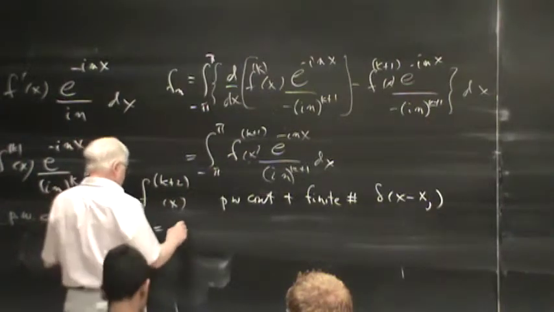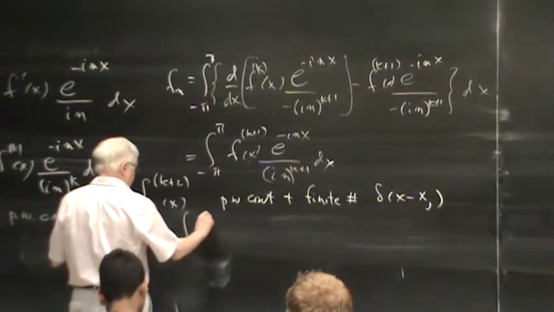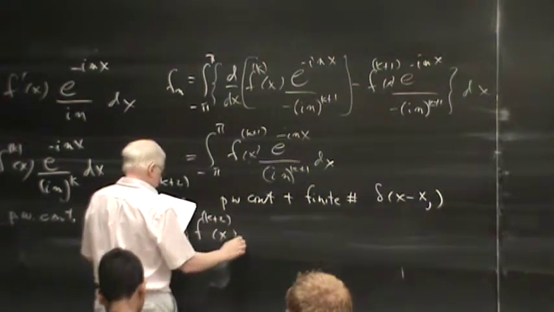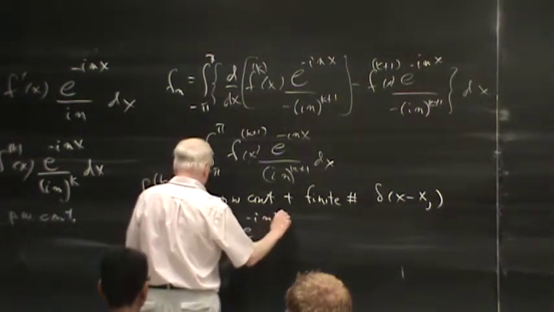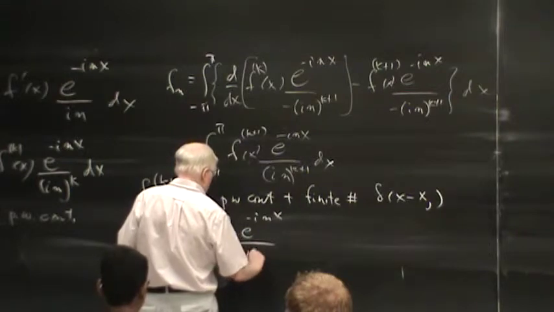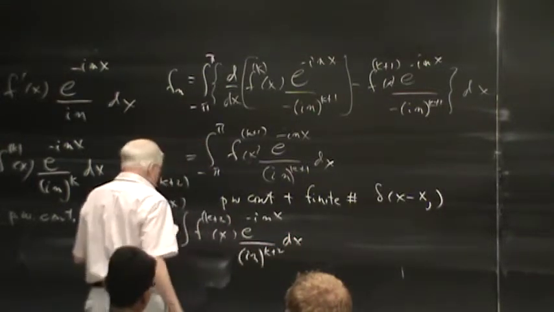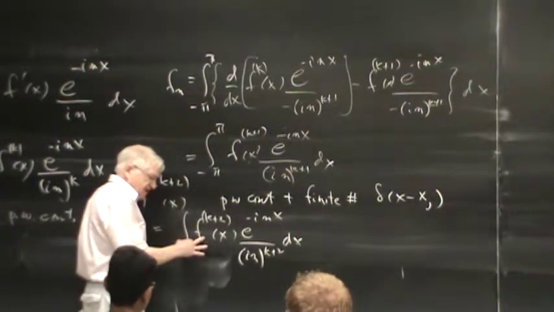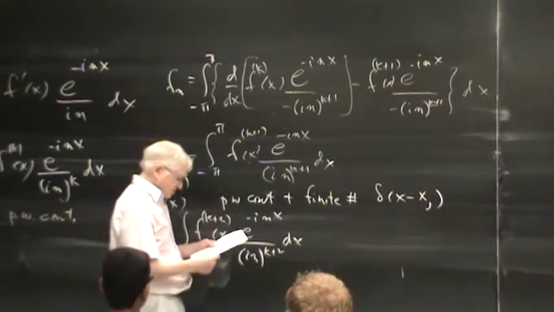And so what you get is the integral of f^(k+2)(x) e^(-inx) over (in)^(k+2) dx. You can separate this into the part that's piecewise continuous and the part that's delta functions.